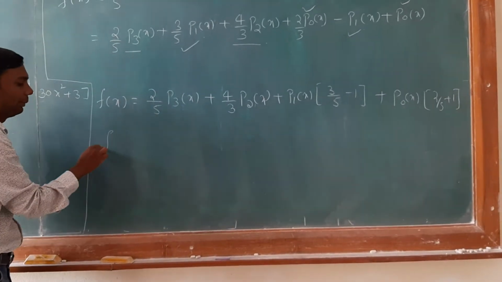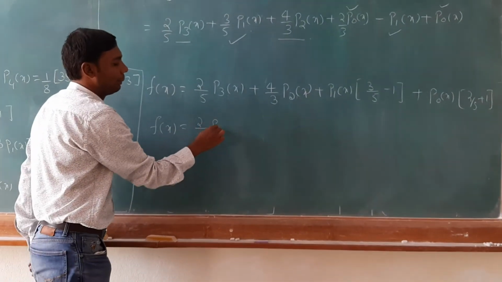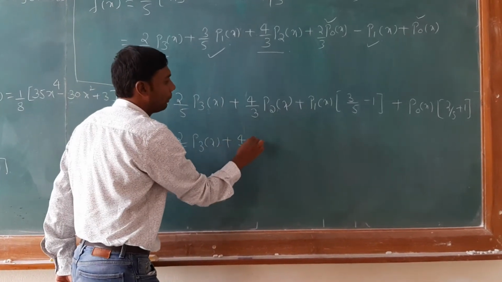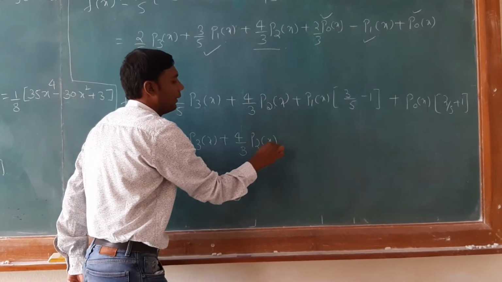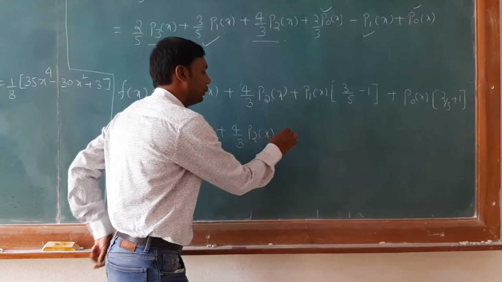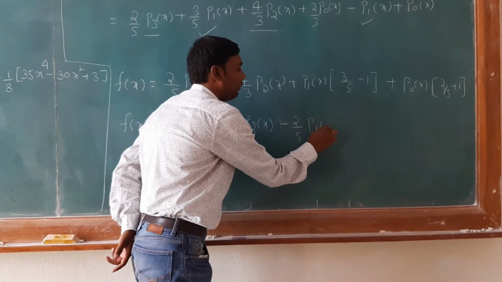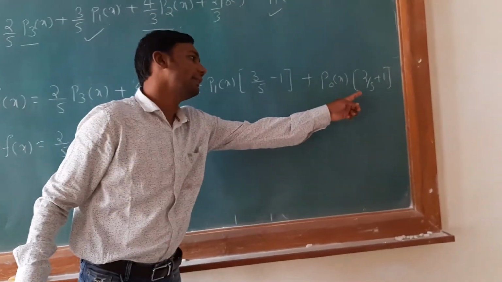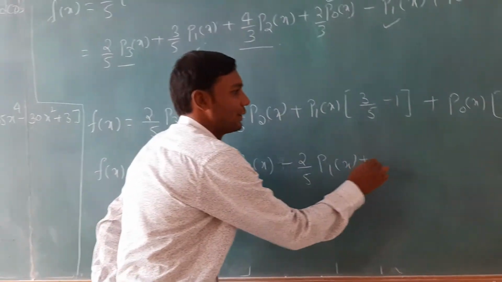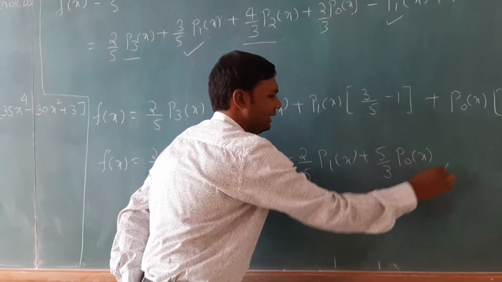On simplification we get f of x equal to 2 by 5 into P3 of x plus 4 by 3 into P2 of x plus, LCM is 5, 3 minus 5 is minus 2, so minus 2 by 5 P1 of x. Similarly simplify the last one: LCM is 3, 2 plus 3 is 5, so 5 by 3 into P0 of x. This is the answer.